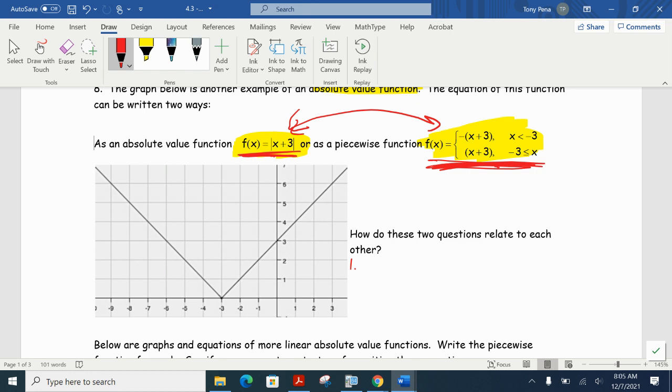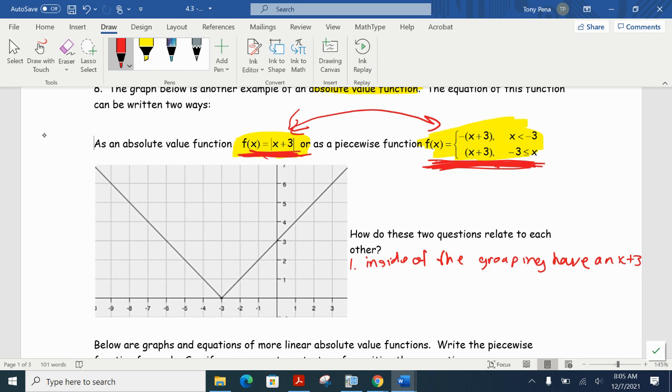First thing I want you to write down: when we look at these two, we're just comparing what I have highlighted up here in yellow. If you look at what's similar and what's somewhat different, both of those have, inside of the grouping symbol, an x plus 3.